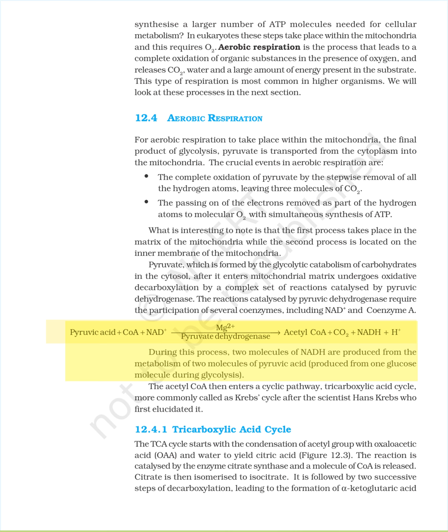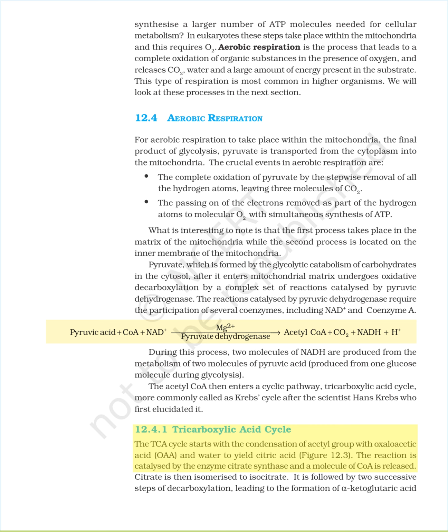During this process, 2 molecules of NADH are produced from the metabolism of 2 molecules of pyruvic acid, produced from 1 glucose molecule during glycolysis. The acetyl-CoA then enters a cyclic pathway, the tricarboxylic acid cycle, more commonly called the Krebs cycle after the scientist Hans Krebs who first elucidated it.